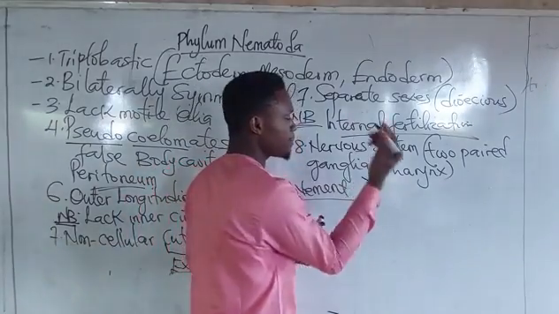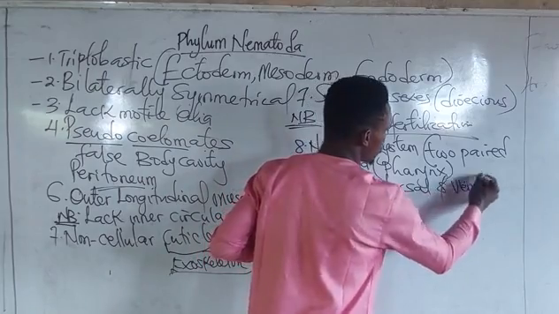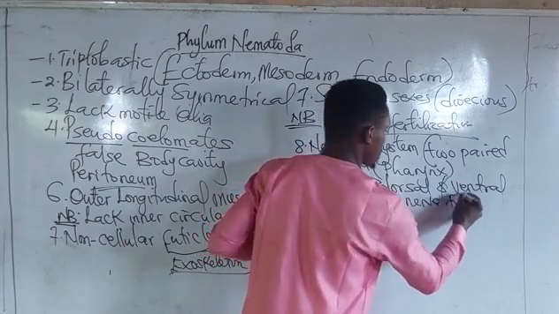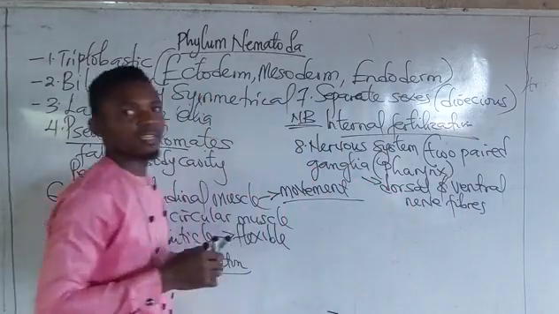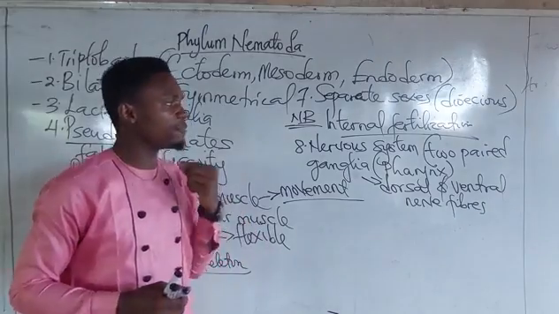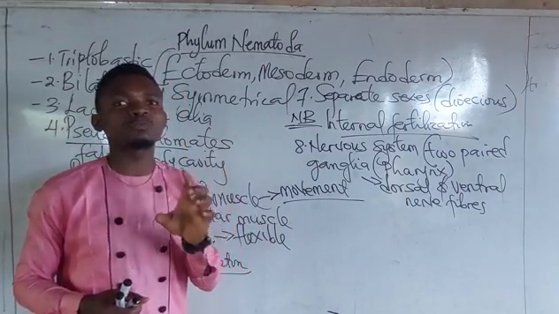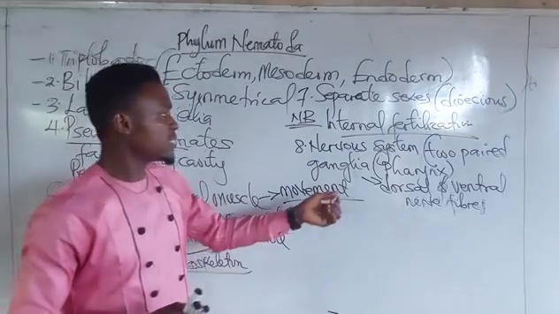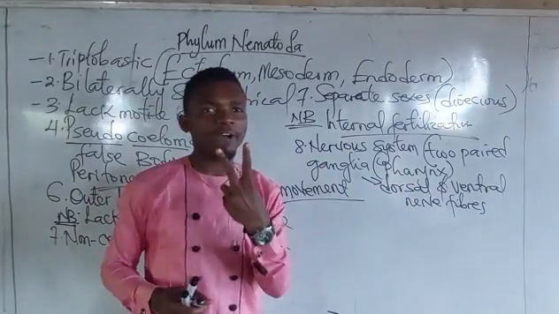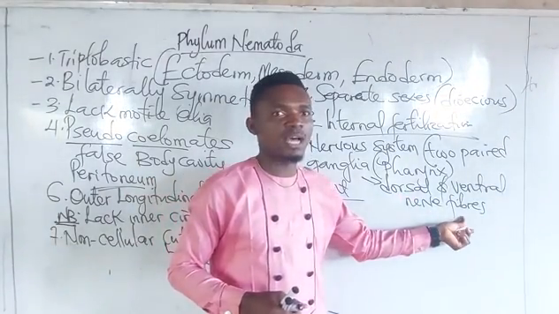And they have two fibers, which are dorsal and ventral nerve fibers. Alright? They'll ask you, the two-paired ganglia found in the nematodes are located in which part of the body? Please, it is found in the pharynx region. And they have two nerve fibers, the dorsal nerve fibers and what?